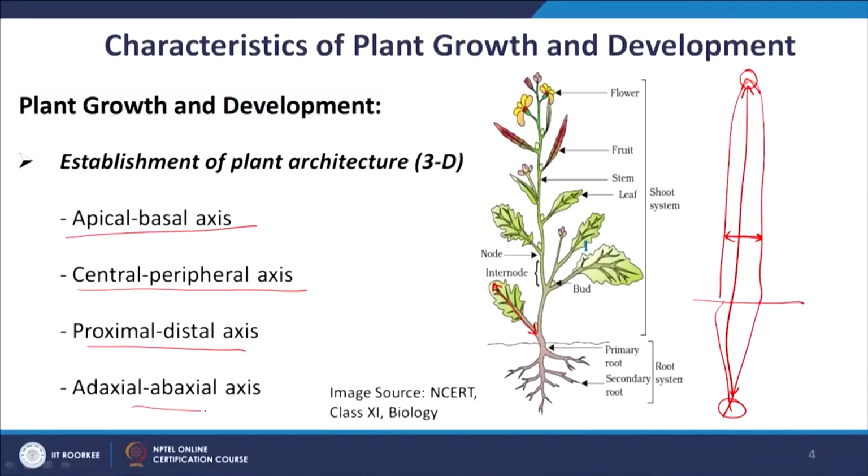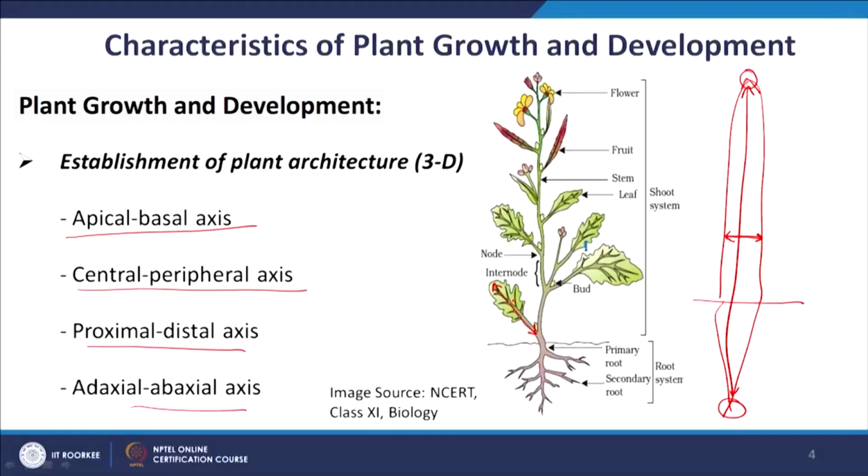And the final axis across which growth and development occurs is the adaxial abaxial axis. This is particularly important for the organs. If you look at this leaf, the upper surface and the lower surface of the leaf are very different. They have different characteristic features, a totally different developmental program.